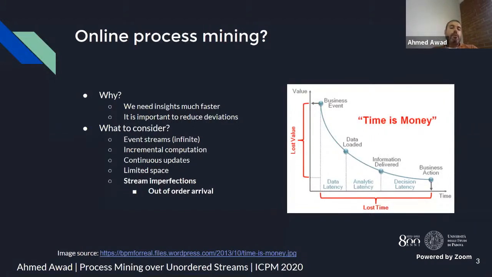First of all, we have an event stream rather than an event log, meaning that we can receive the data in batches or one by one, and this data could be infinite. In the meantime, we need to have some sort of incremental computation paradigm. Moving to an online setting, we need to get updates, maybe with higher frequency than in an offline setting, and so our algorithms need to be incremental.